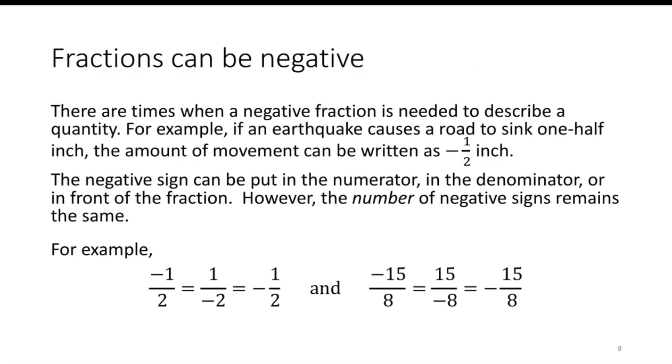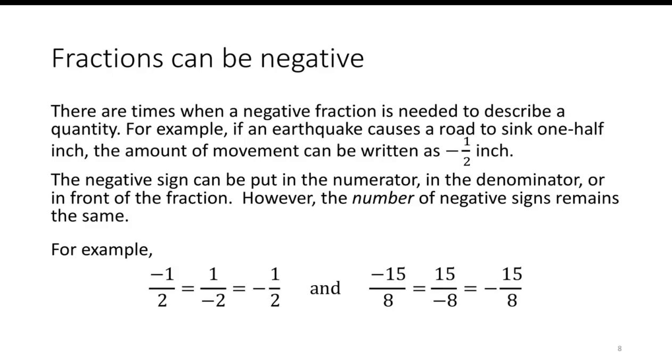Fractions can be negative. There are times when a negative fraction is needed to describe a quantity. For example, if an earthquake causes a road to sink 1/2 inch, the amount of movement can be written as negative 1/2 inch. The negative sign can be put in the numerator, in the denominator, or in front of the fraction. However, the number of negative signs remains the same.